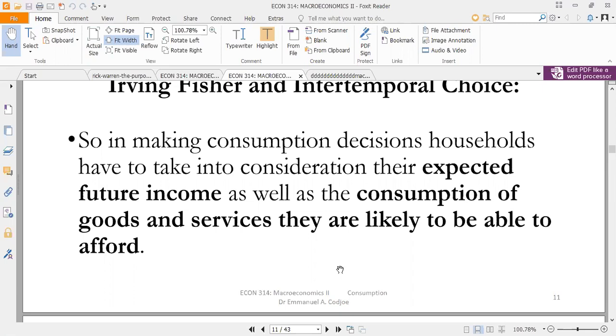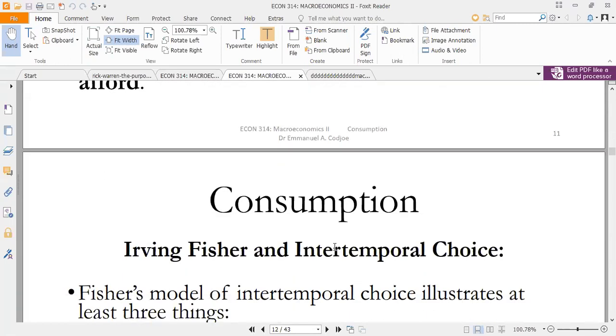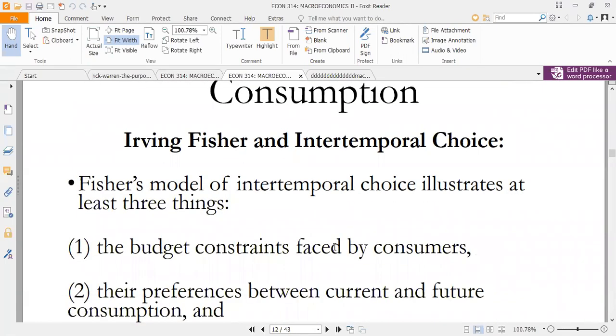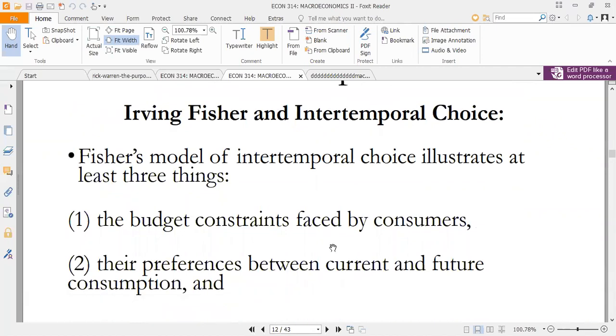I stated earlier that this budget constraint measures the total resources that are available to the consumer for consumption today and also in the future. Okay, so when you are consuming today, you are considering what you can afford today and your income today, what you can afford tomorrow, and your income tomorrow.